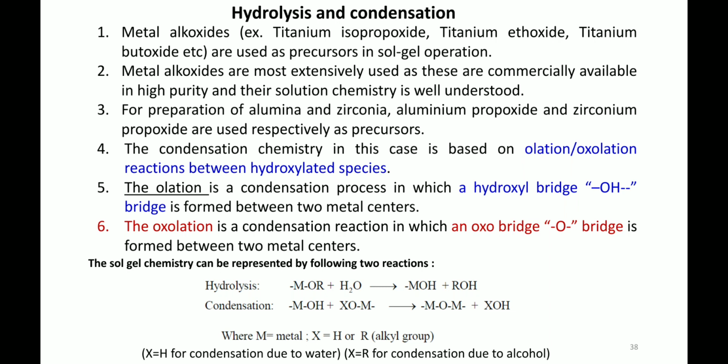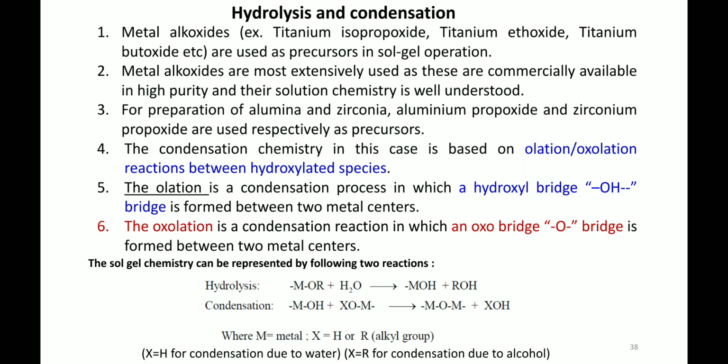initiated. So you can see the metal alkoxides. Examples are titanium isopropoxide, titanium ethoxide, titanium butoxide. These are all examples of titanium alkoxides. They can be used as a precursor in Sol-Gel operation.